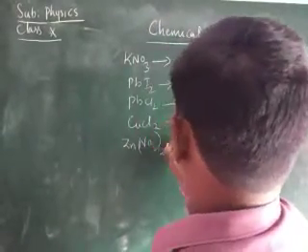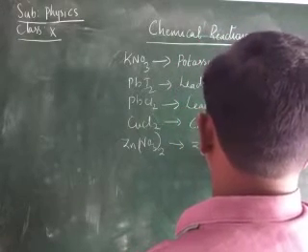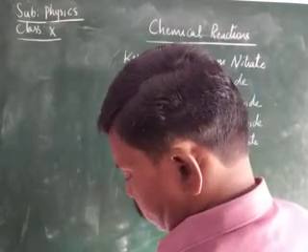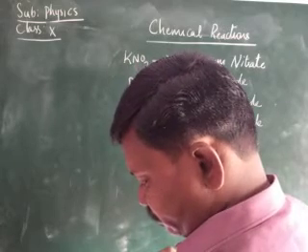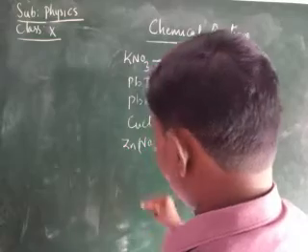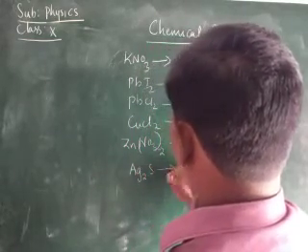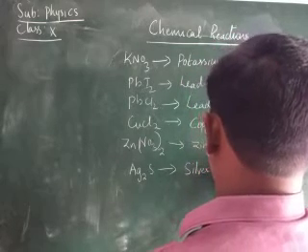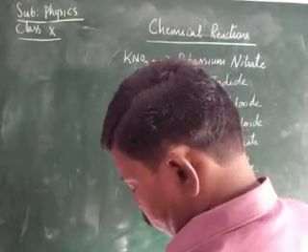Zn(NO3)2, with the NO3 taken twice, zinc nitrate. And here, silver sulfide, Ag2S.